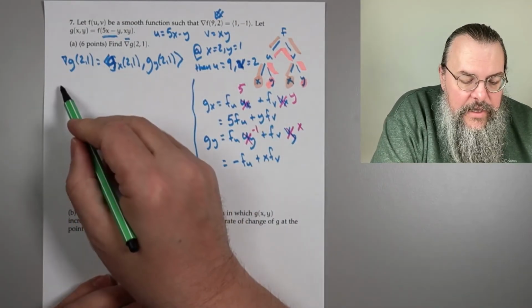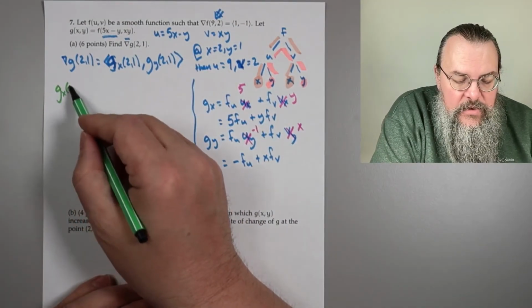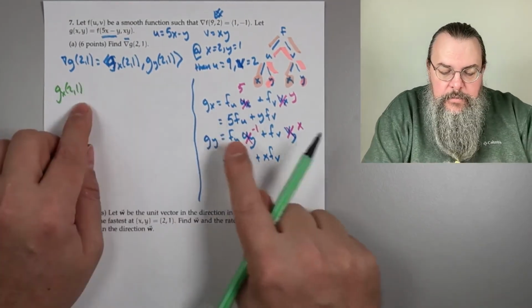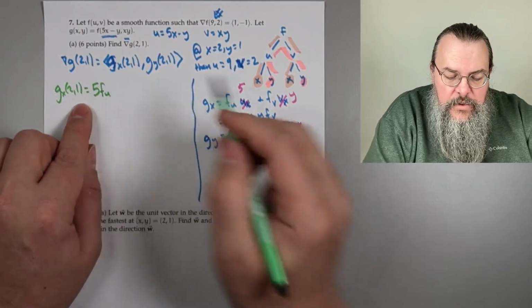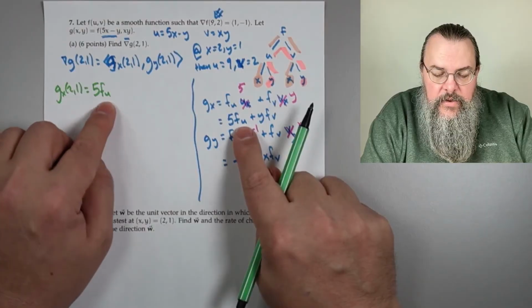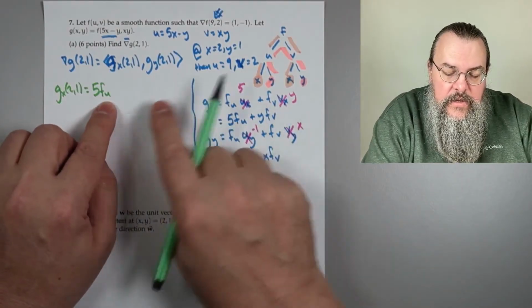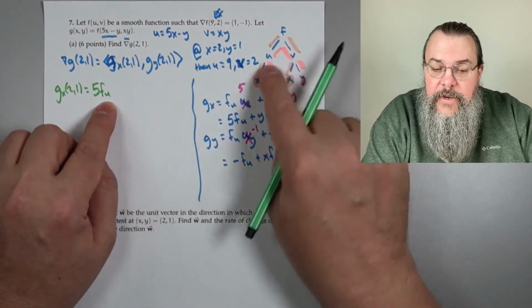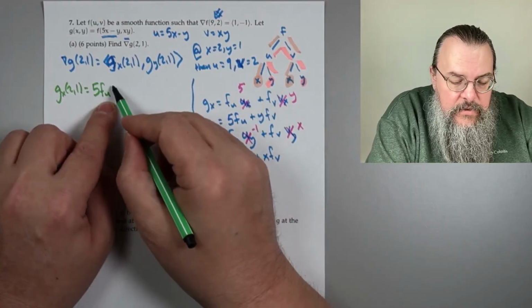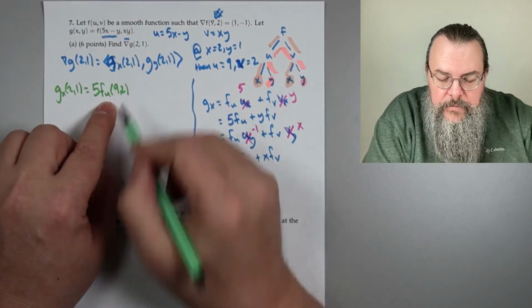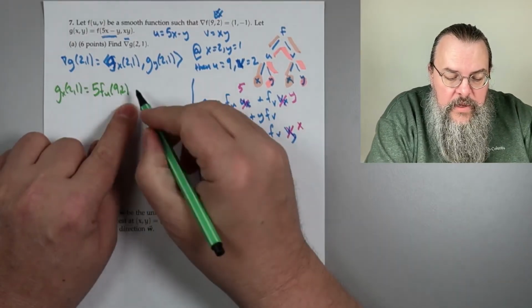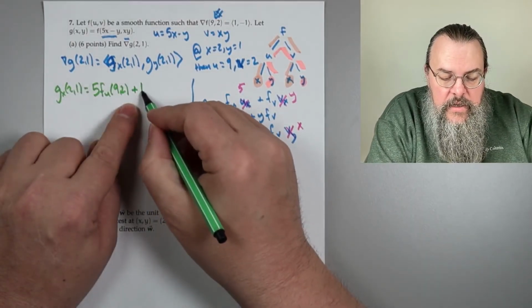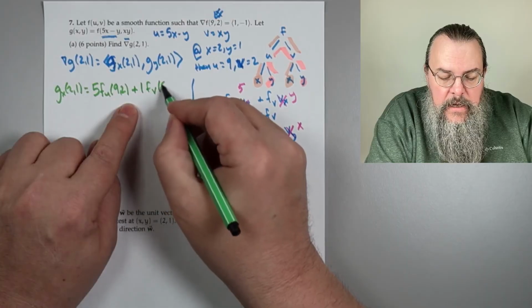And so we say, hey, look, g sub x at (2, 1) would be 5 f sub u, and now f is a function of u, v, at (u, v) equal to (9, 2), plus y, well, y is 1, so plus 1 f sub v at (9, 2).